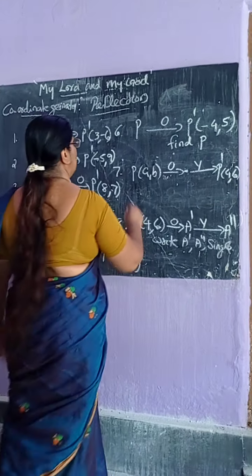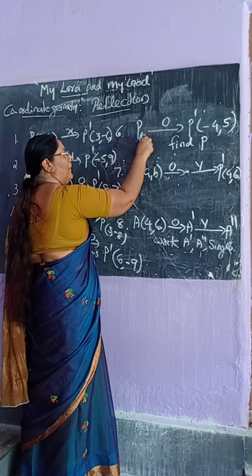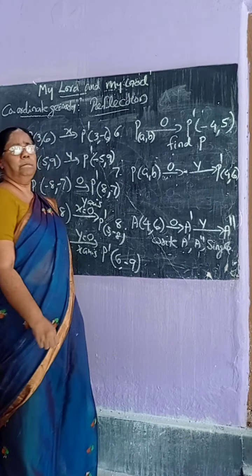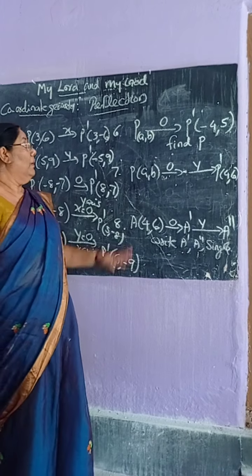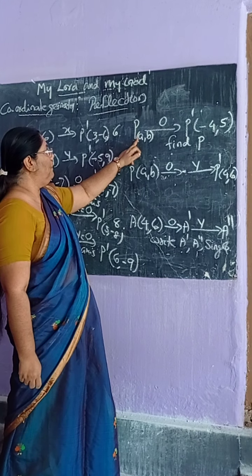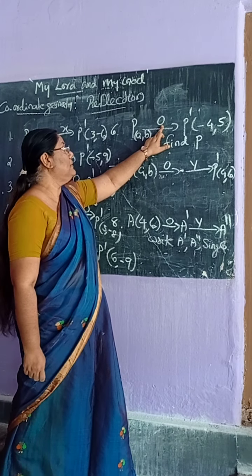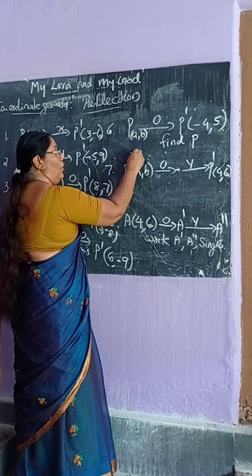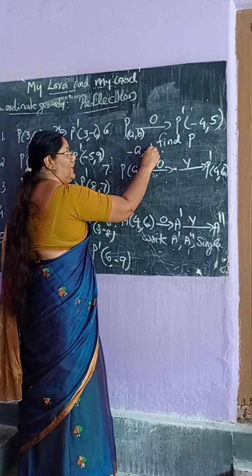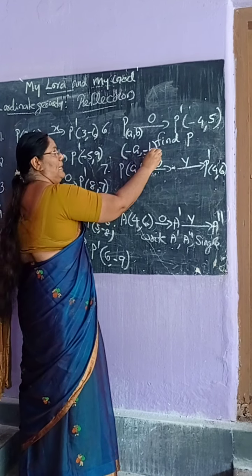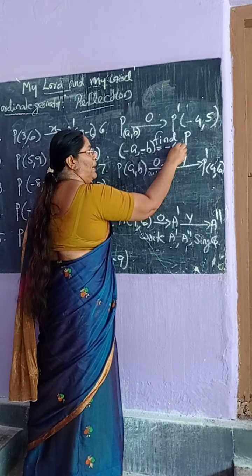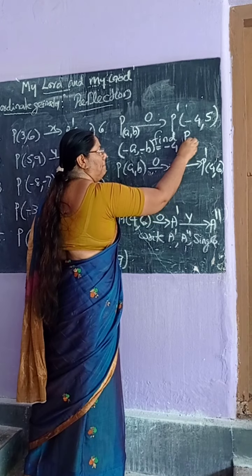We can mark this P as (a, b) or (x, y). Anyway, when we reflect a point P (a, b) through the origin, what happened? Both the coordinates change their sign. Actually, the answer is (-a, -b) equal to (-4, 5).